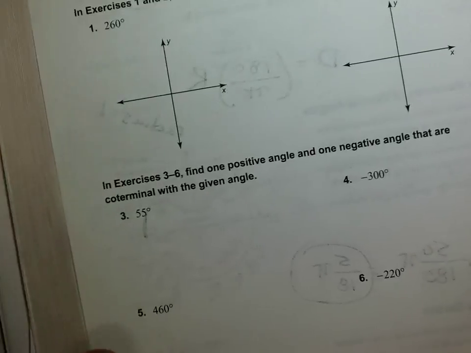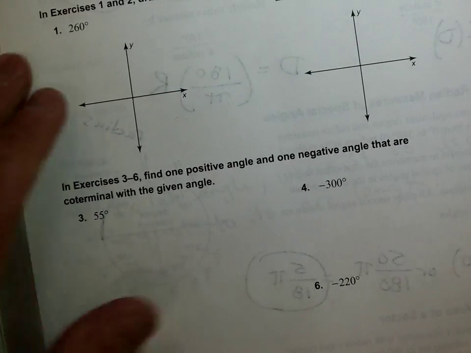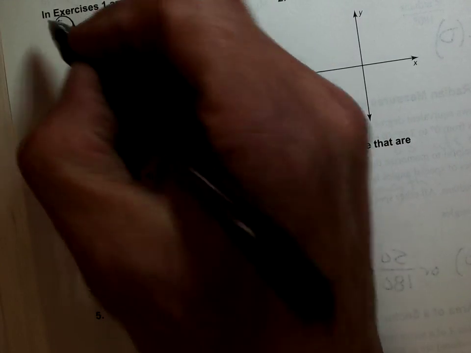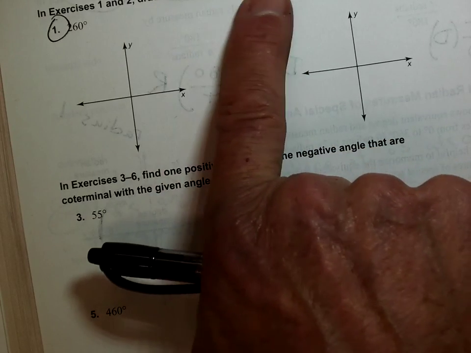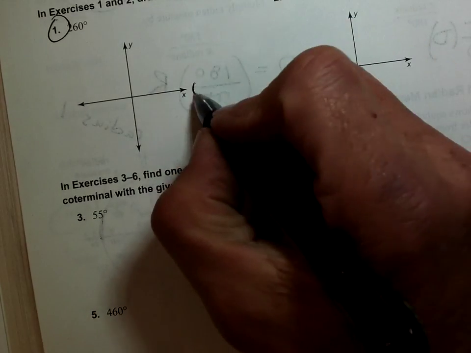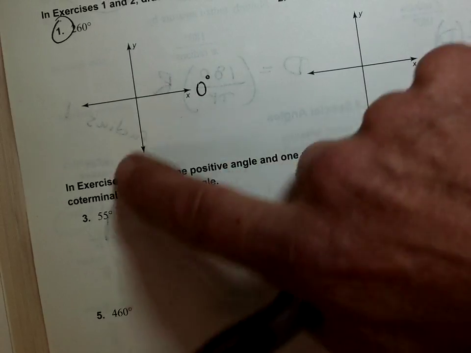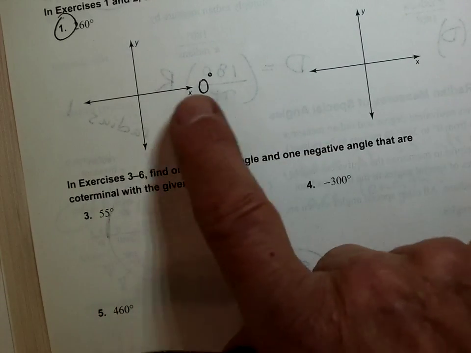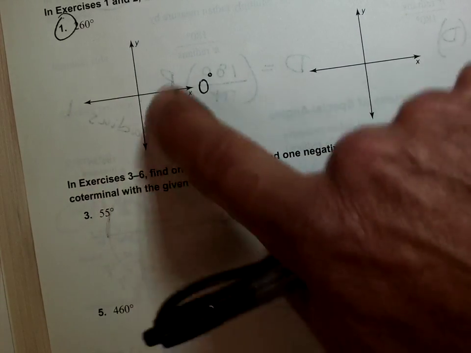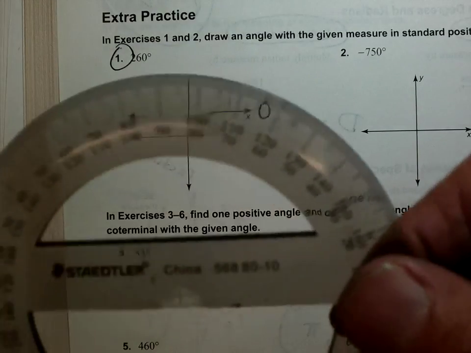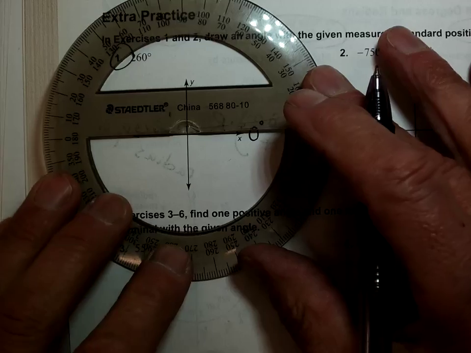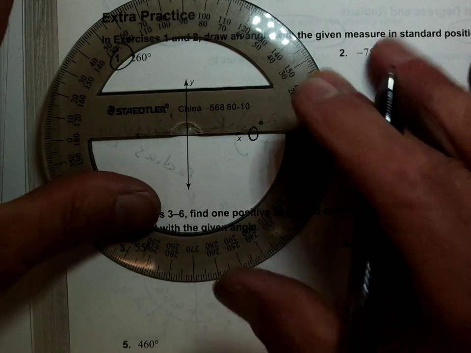Now, protractor, right? So question number 1 says, all I want you to do is draw an angle in standard position. Now I know that this is 0 degrees. 260's got to be around here somewhere, right? Think about it. 180, 270, so 260 is around here somewhere. You guys agree with that? So if I use my protractor, and this is why I always buy the round ones, 260 is about there.